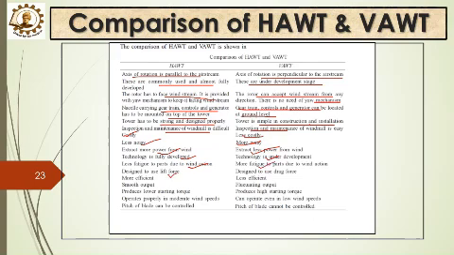HAWT uses lift force, VAWT uses drag force. HAWT is more efficient, output is smooth. VAWT is less efficient, output is fluctuating. HAWT produces low starting torque, VAWT produces high starting torque. HAWT operates properly in moderate wind levels; VAWT can operate even in low wind levels. Pitch of the blade can be controlled in HAWT; no control of the pitch of blade in VAWT. So, depending upon the marks given in the exam, we can just choose the first 5 or 6 points out of these.